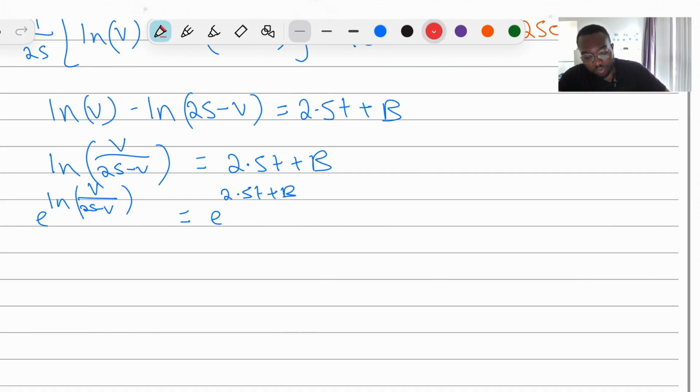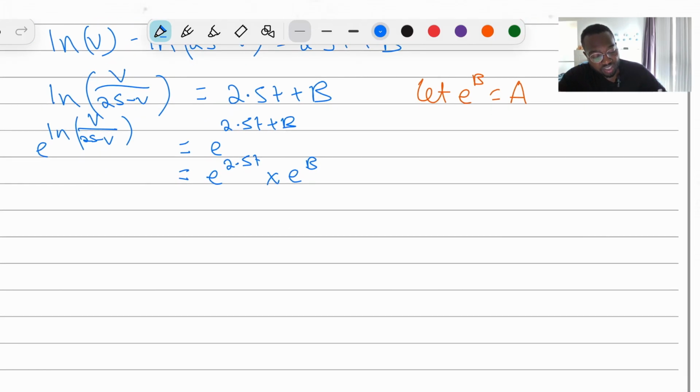Now remember, again with this, we can write another constant because e to the 2.5t plus b is the same as e to the 2.5t times e to the b. So we can let e to the power b equal another constant, which is a in this case.